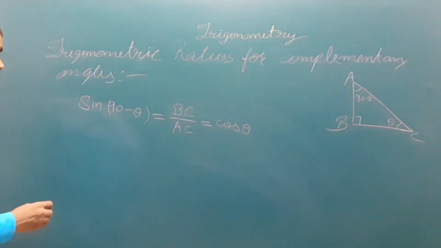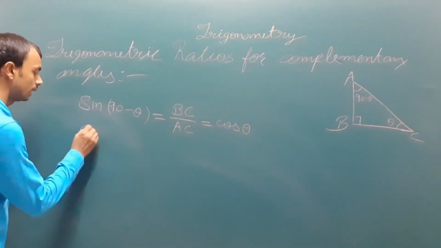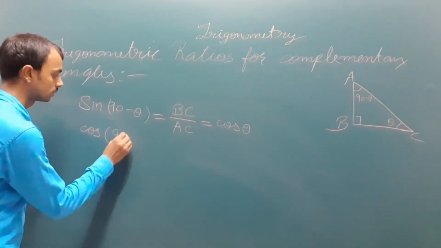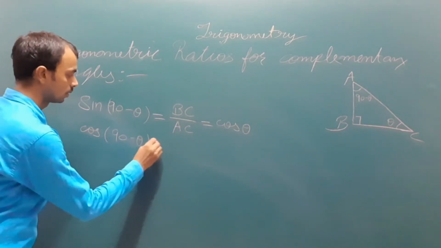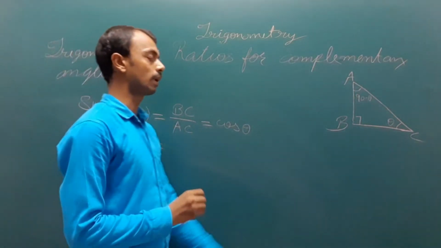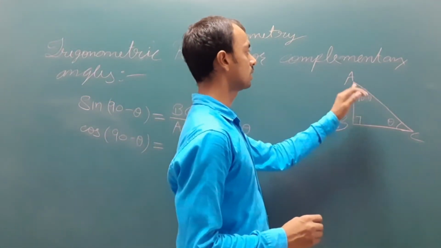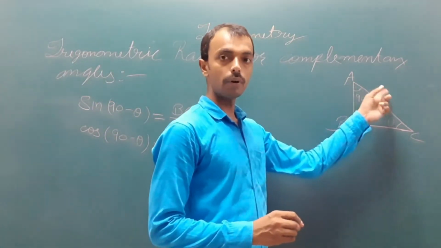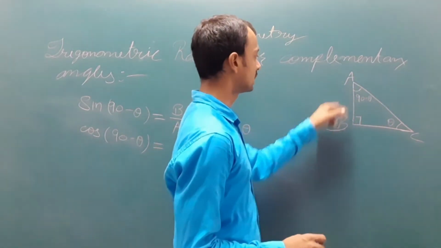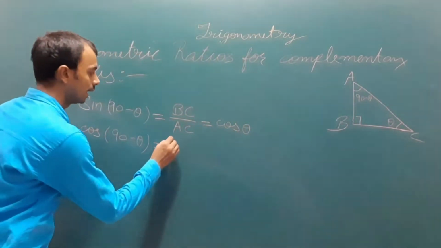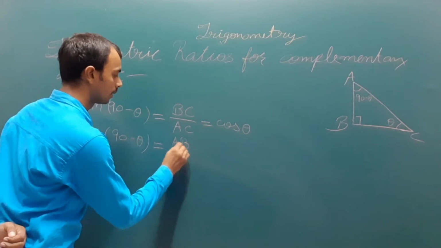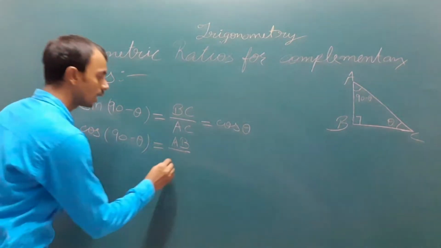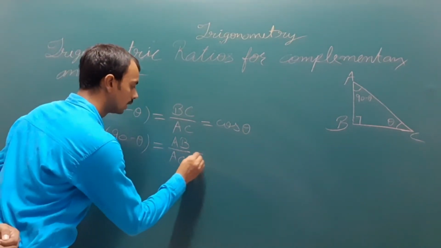Now consider cos 90 minus theta. Cos 90 minus theta means adjacent side upon hypotenuse. The adjacent side over here is AB, and the hypotenuse is AC.